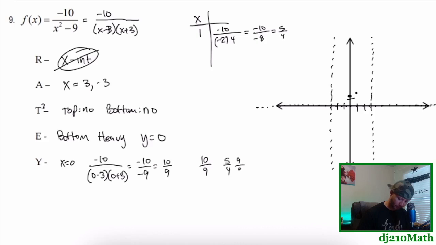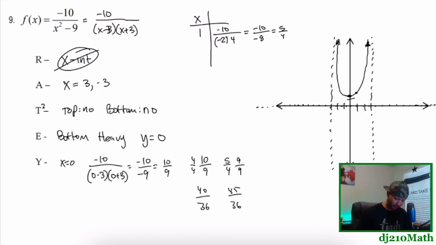So 9, 4. This is going to be 40 over 36. This is going to be 45 over 36. So yeah, 5/4 is bigger. It's going to be higher up. All right, so basically what I did was I got a common denominator. Okay, so that tells us that it's going to go up. That's all that tells us, both sides.